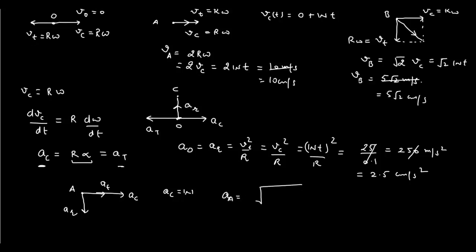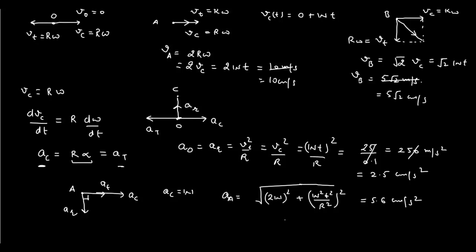So this is 2 times W square plus the radial acceleration, and this radial acceleration we have calculated equal to W square T square by R square whole square according to this situation. So if we solve this, we will get 5.6 centimeter per second square.